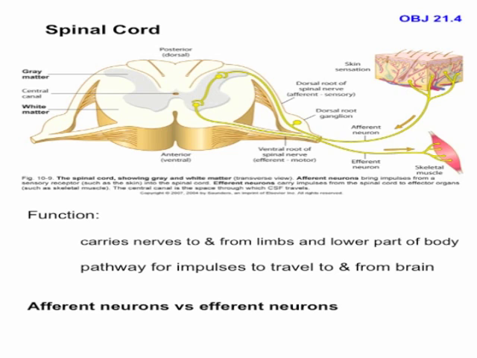The spinal cord is broken up between afferent neurons and efferent neurons. Afferent neurons carry sensory information to the spinal cord, whereas efferent neurons carry impulses from the spinal cord to effector organs, such as skeletal muscle.